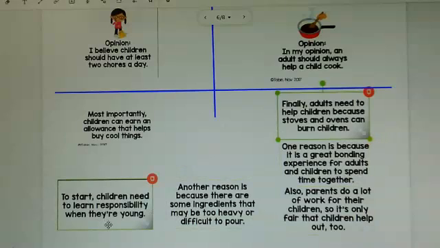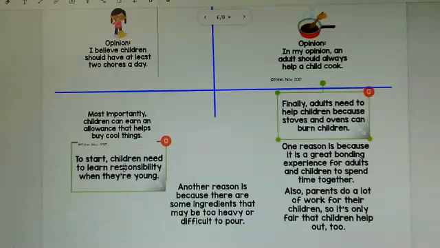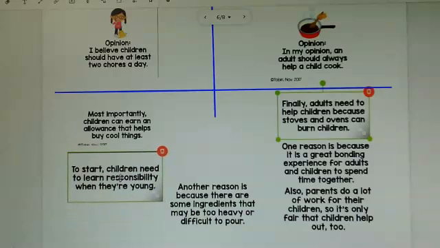How about this one? To start, children need to learn responsibility when they're young. Is that talking about adults and children cooking, or is that talking about children doing at least 2 chores a day? Well, I know that when I was little, my parents always said that I needed to do chores to learn responsibility. So I'm going to say it goes with chores. How about this? Another reason is because there are some ingredients that may be too heavy or difficult to pour.